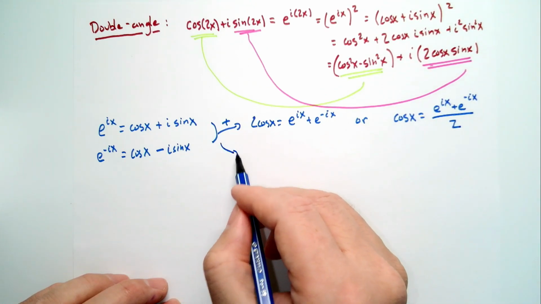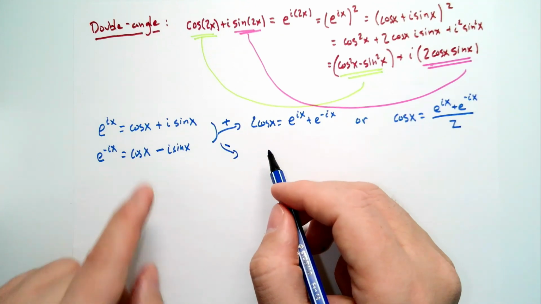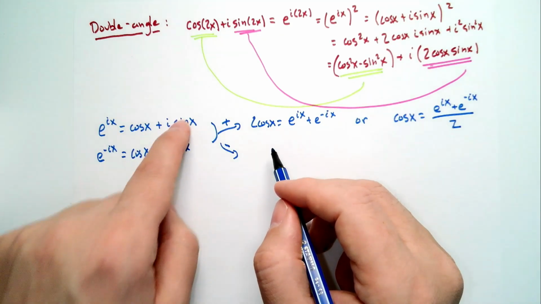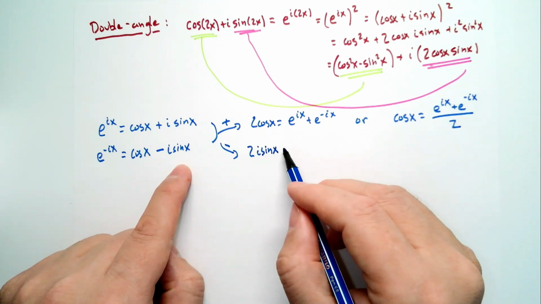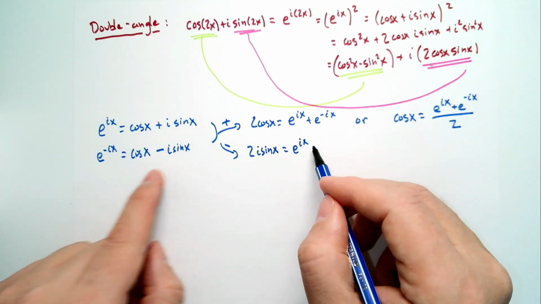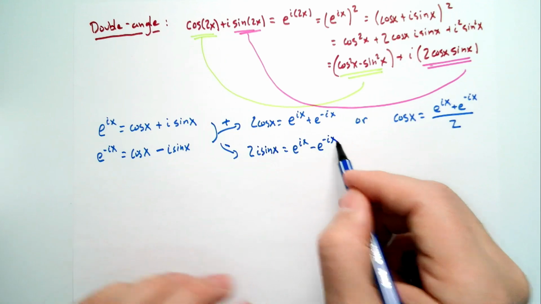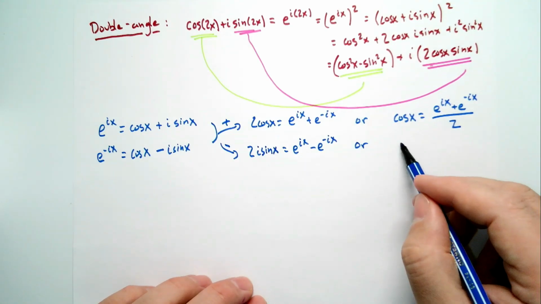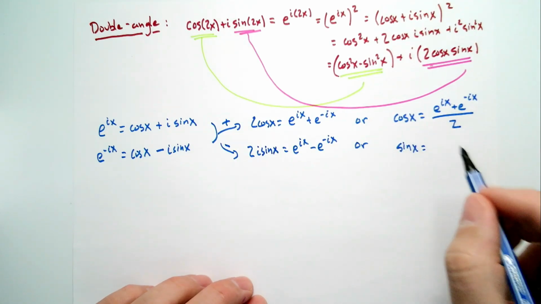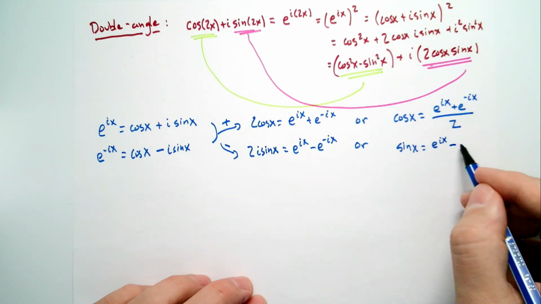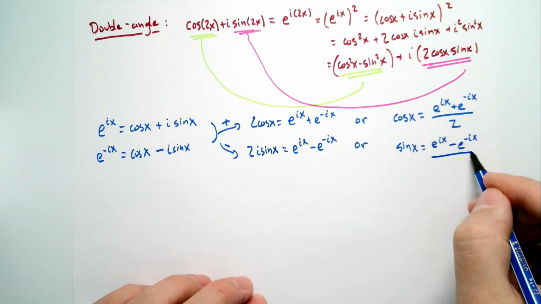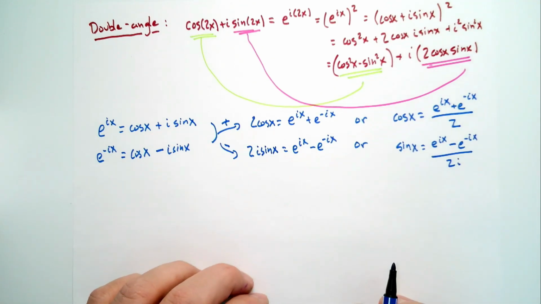If we were to subtract, the cosines cancel, and these combine: 2i sine of x equals e to the ix minus e to the minus ix, or sine of x is equal to (e to the ix minus e to the minus ix) over 2i.